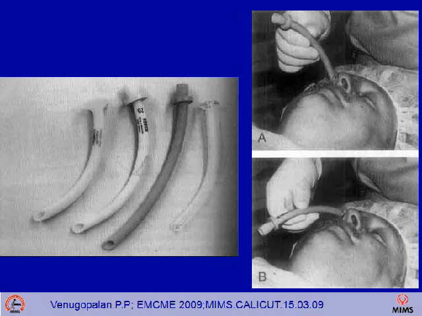The sizing can be done by measuring from the nose to the tragus, and you can use either the right nose or the left nose depending upon the patency. And the nasopharyngeal airway should not be used in patients with fractured nasal bones, fractured base of skull, and other facio-maxillary injuries.